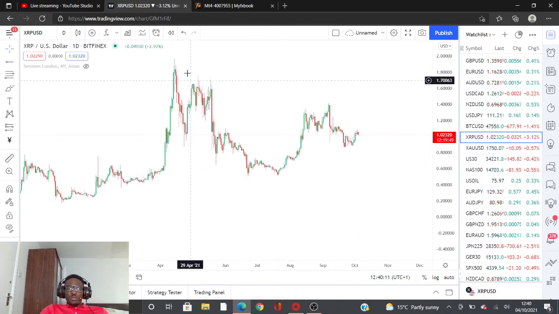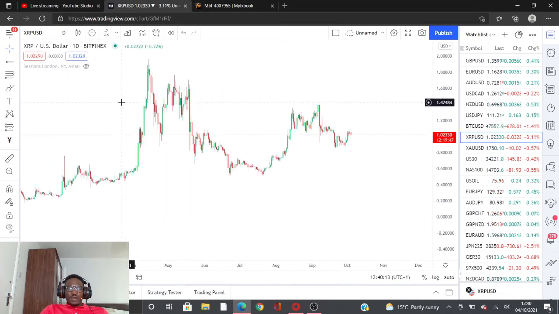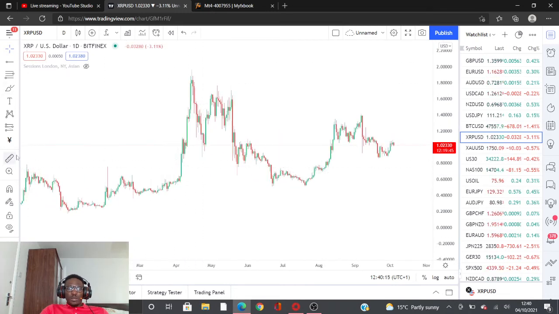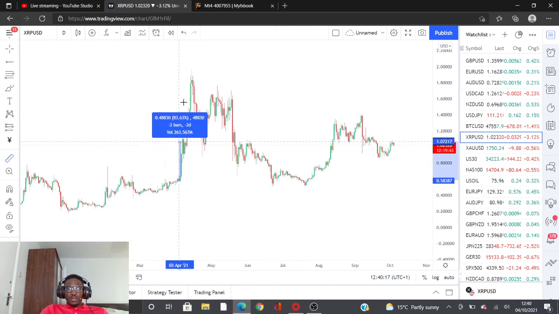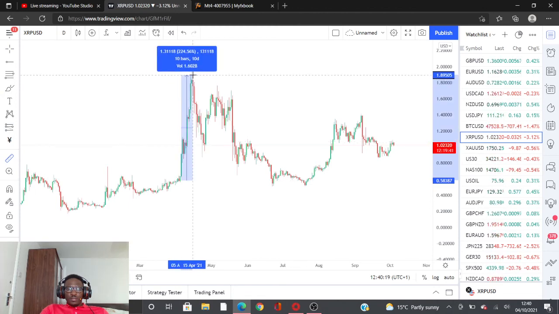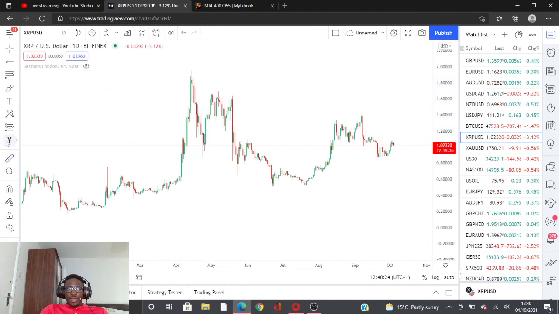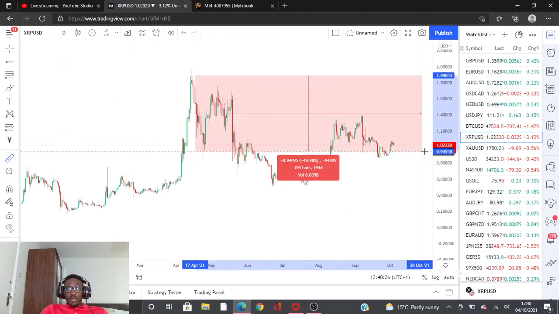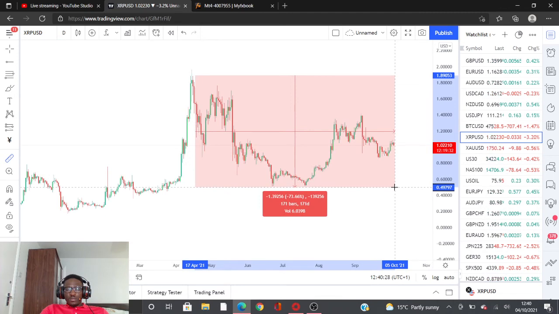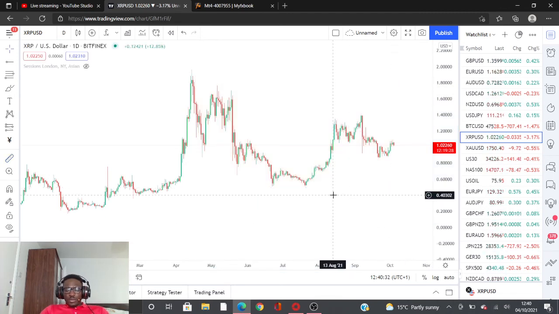All these impulsive moves take less than a week. If you look at this one in particular, this one took 10 days, and look at this corrective pattern. The corrective pattern is already on 171 days.